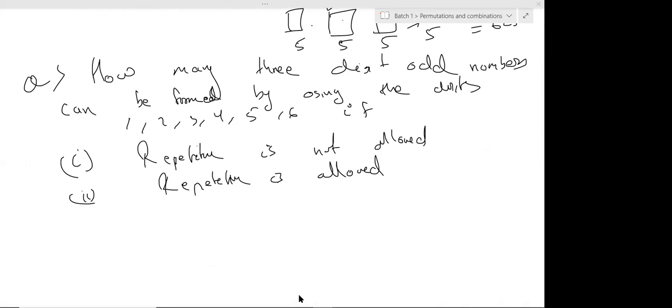Gautam, have you solved this? Yes, sir. Okay, send me the answers. Now, Ashma, Abdul, Shravya, look again. You need 3-digit numbers out of these numbers, right?